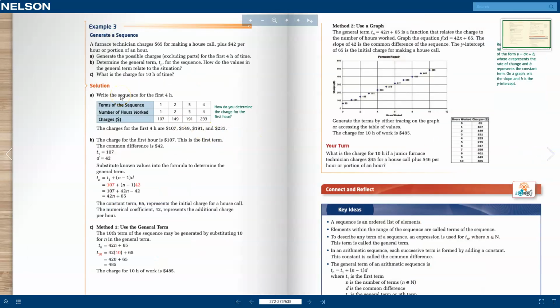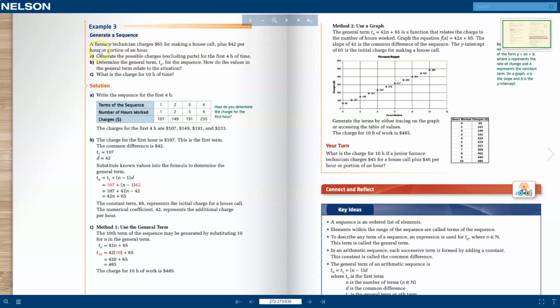Okay, example 3. A furnace technician charges $65 for making a house call, plus $42 per hour or portion of an hour. Okay, so just to show up is $65, and then $42 per hour after that.